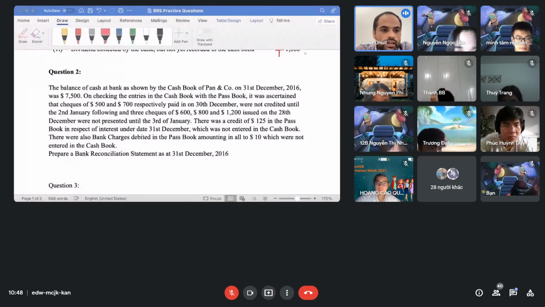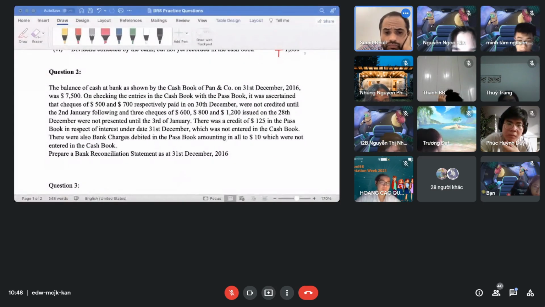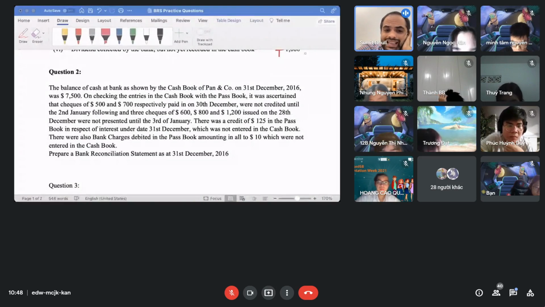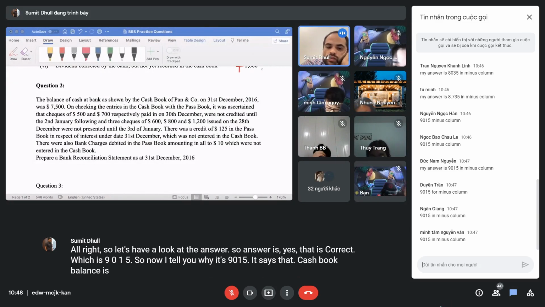All right, let's have a look at the answer. Yes, that is correct, which is 9015. Now I will tell you why it's 9015. It says the cash book balance is 7,500, so of course 7,500 is plus.